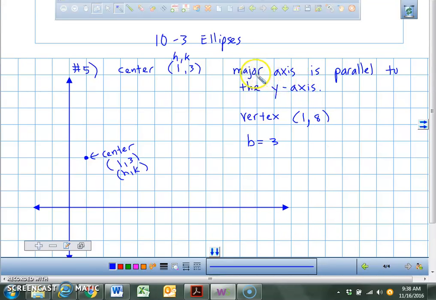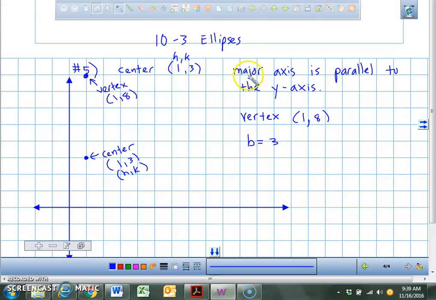It also says we have a vertex at 1, 8. So I'm going to go over 1 and up 4, 5, 6, 7, 8 right here. So right there we have a vertex, and our vertex is at 1, 8.